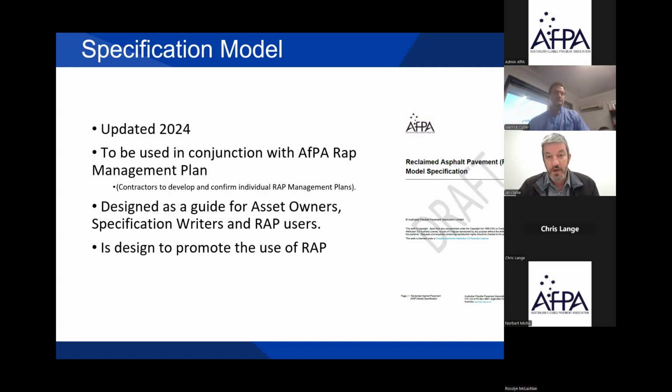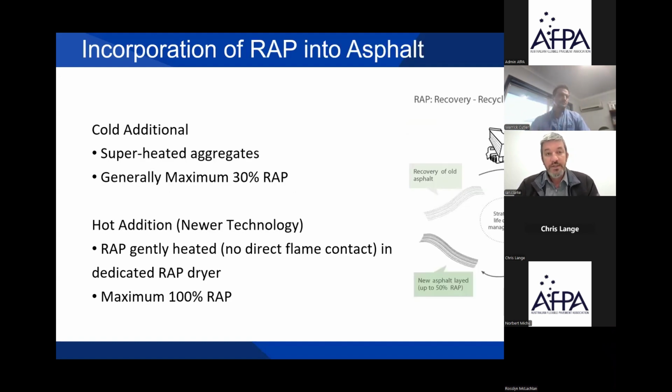RAP's been used for a long time, but as we progress, we're using higher and higher levels of recycled content. There are two main ways to introduce RAP back into asphalt, and that's the cold addition, and that's done through superheating the virgin aggregates, and generally it limits the asphalt plant to around a 30% RAP level.